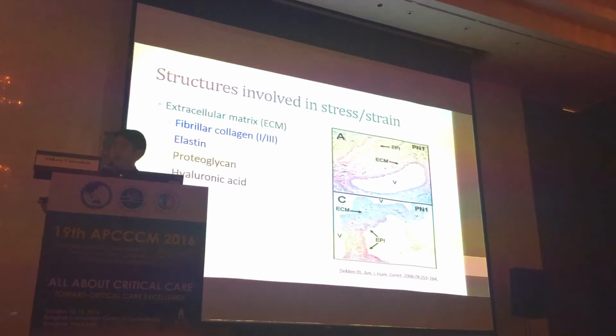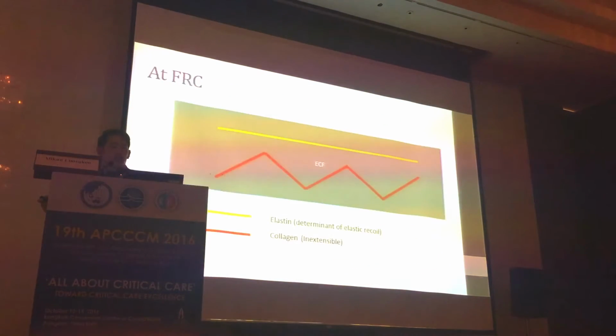So the structures involved in the stress and strain are actually the ones embedded in the extracellular matrix, which are the collagen fibers and the elastin. At the FRC, the collagen fibers are in a folded position, while there is already some stretching of the elastin.